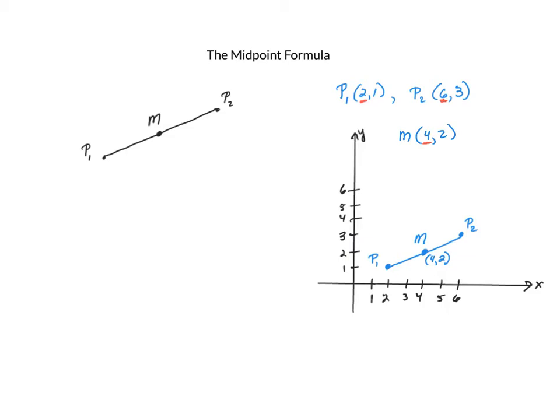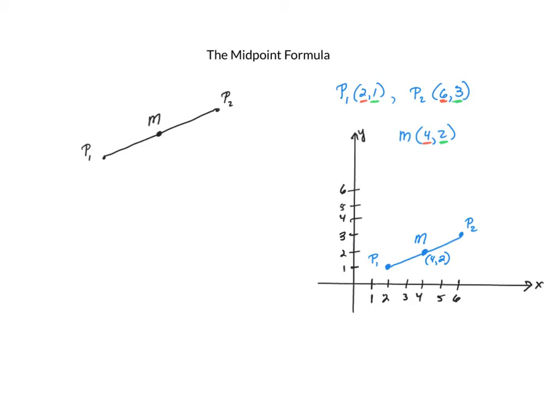Similarly, if we look at our y-coordinates, we have 1 and 3. The midpoint had a y-coordinate of 2, exactly halfway between the 1 and the 3. In other words, the average of 1 and 3. So let's write the midpoint formula using that idea of average.